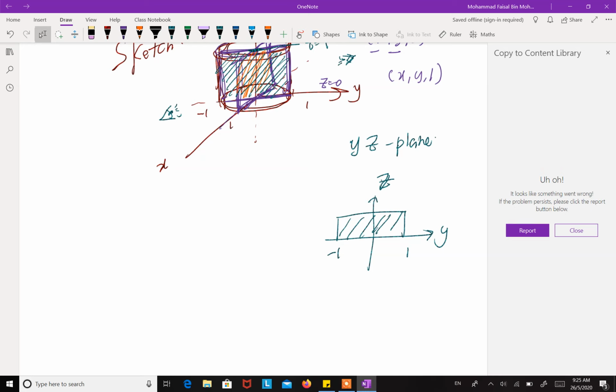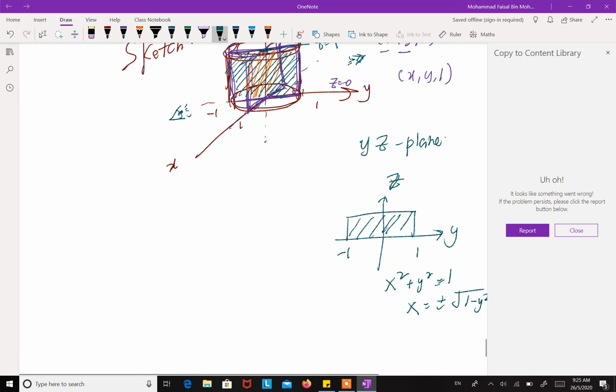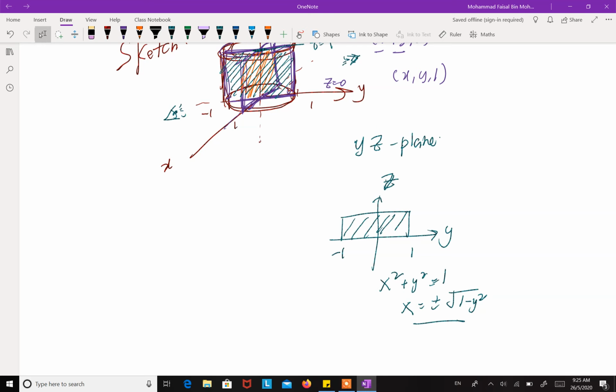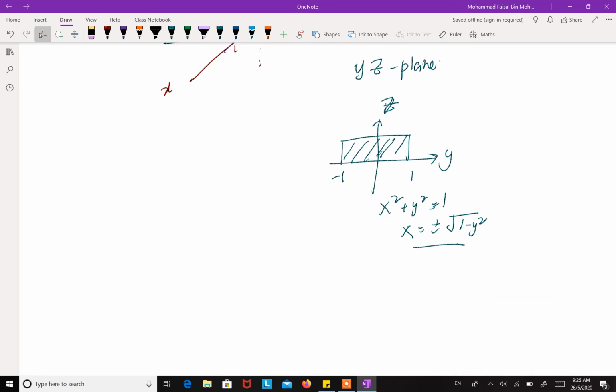So we have the formula x squared plus y squared equals 1, so x will be plus or minus square root of 1 minus y squared. I choose x equals plus or minus square root of 1 minus y squared to simplify the integral.